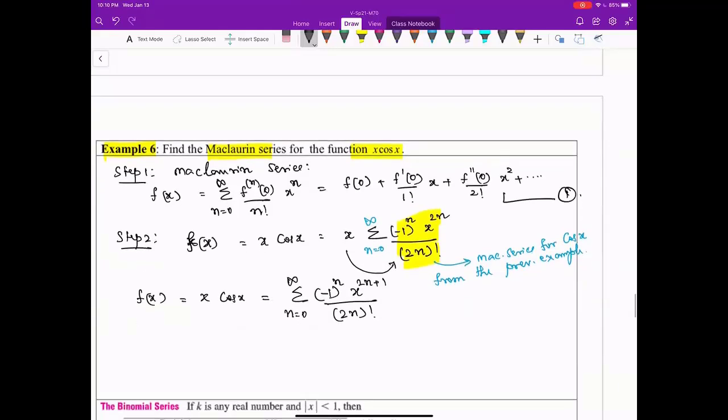Just the way we did the radius of convergence, you can find the radius of convergence by applying the ratio test.